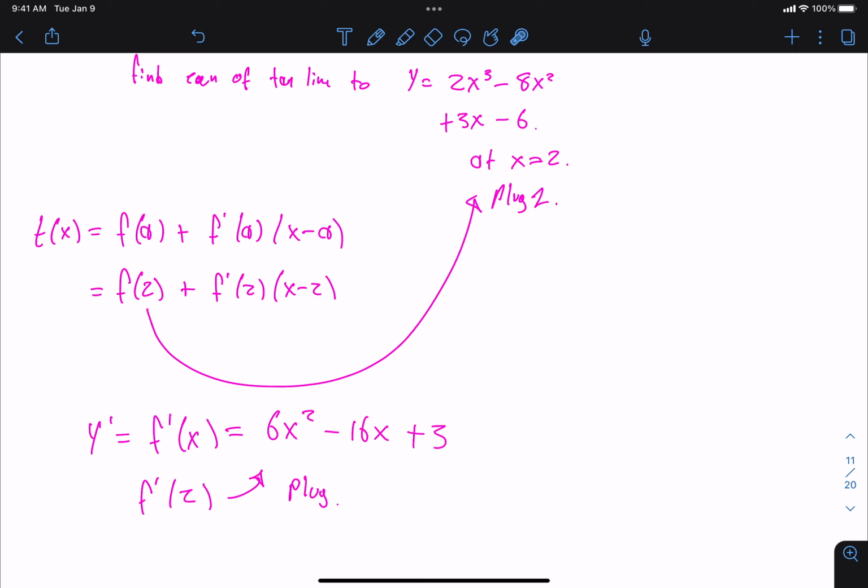Yes? I'm confused. Since in the original problem it's to the third power, would you cube it or square it? So you're talking about when we're plugging in? Yeah, at the bottom, you write 6x squared. So I thought you would cube it.